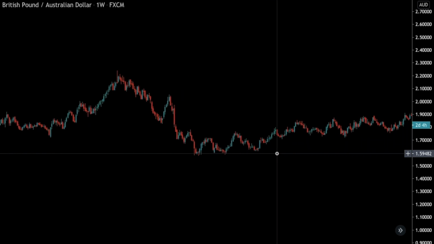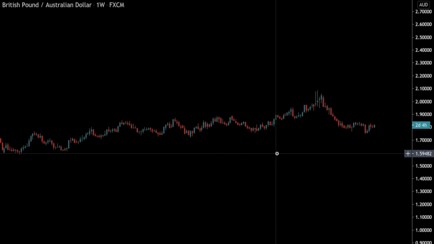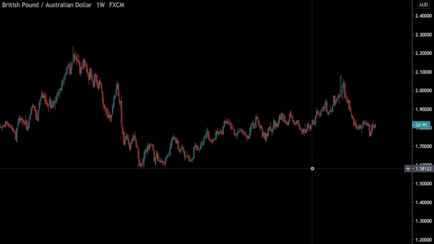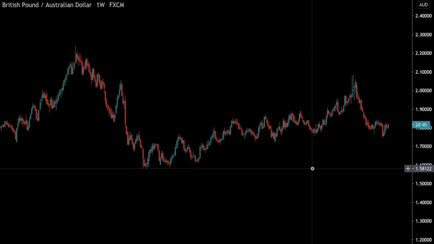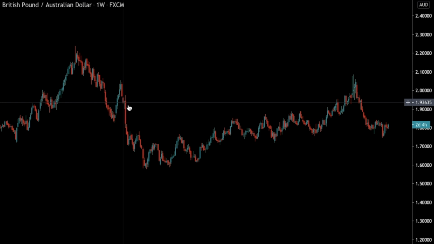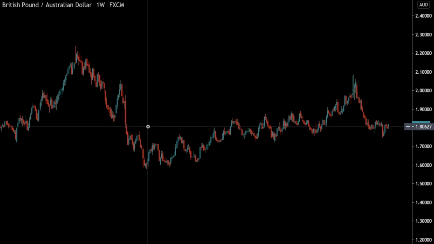So that is the basic use of price action and definition of price action. It is literally, what is the price doing? Where are the highs? Where are the lows? What kind of structure is it forming?